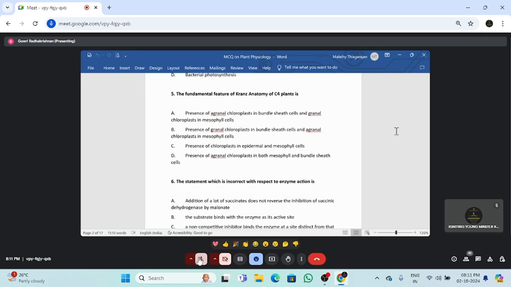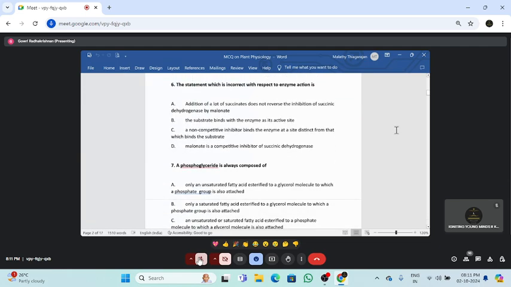Presence of agranal chloroplast in bundle sheath cells and granal chloroplast in mesophyll cells. All the other options don't signify the Kranz anatomy of C4 plants. Only the first one signifies that.